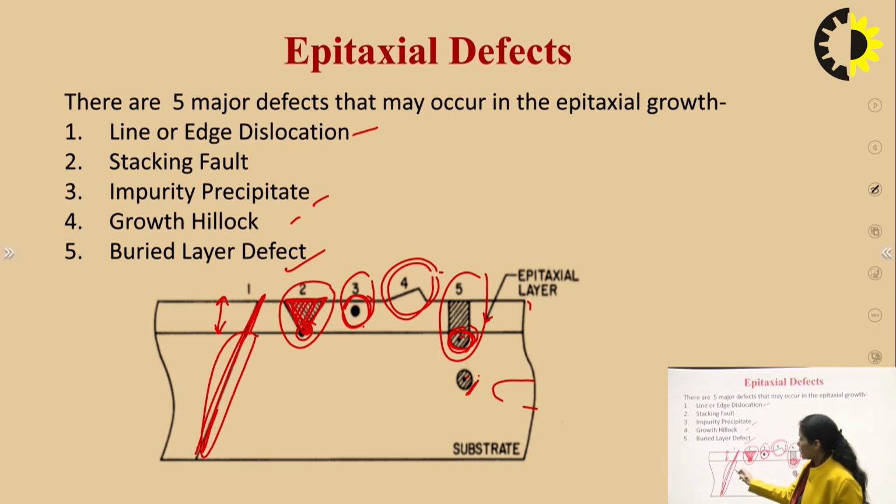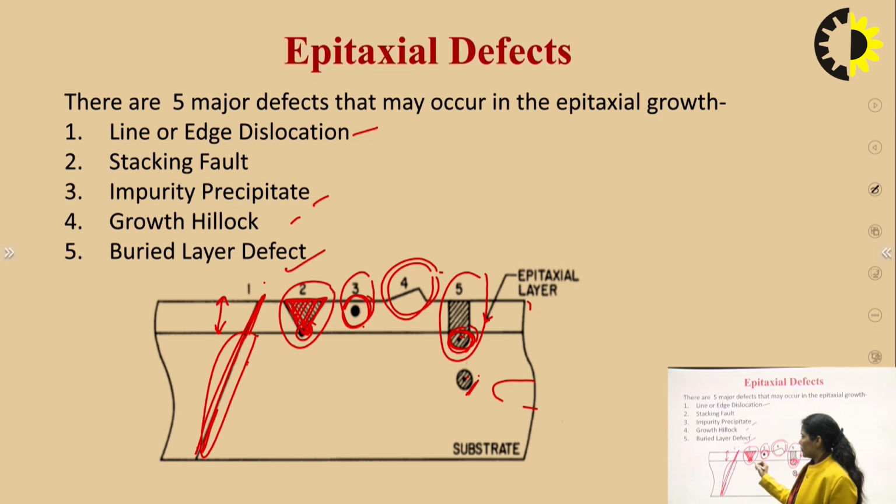Let's sum up again. That is a line defect. Any dislocation, any line defect in the existing substrate can be extended to the growth. Another one is the stacking fault. If there is some precipitate, some defect on the substrate surface, then it will be extended to the overlying layer as well.